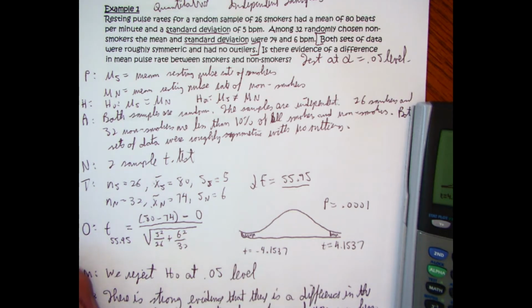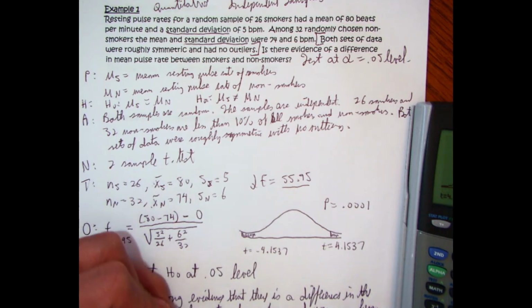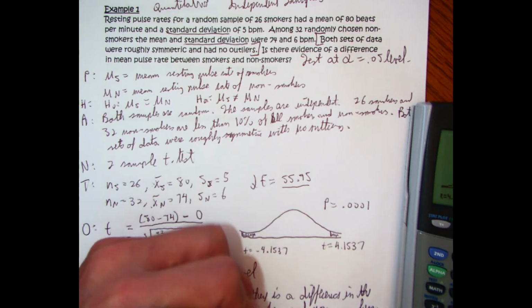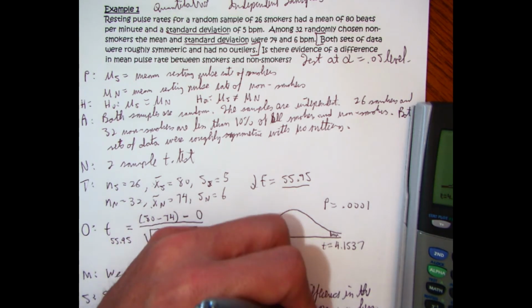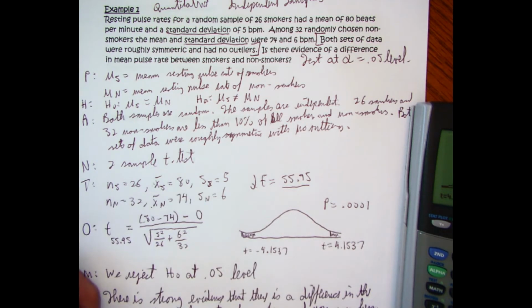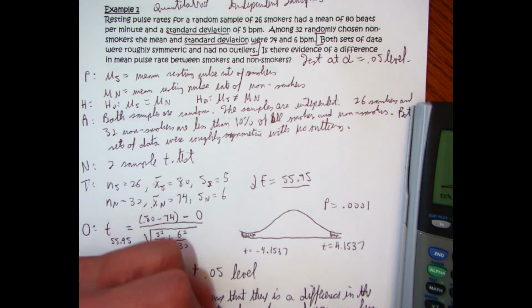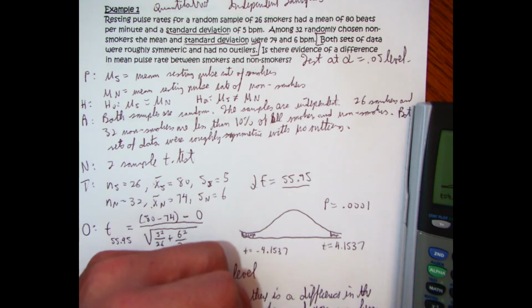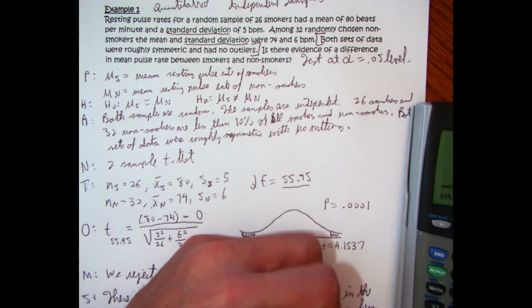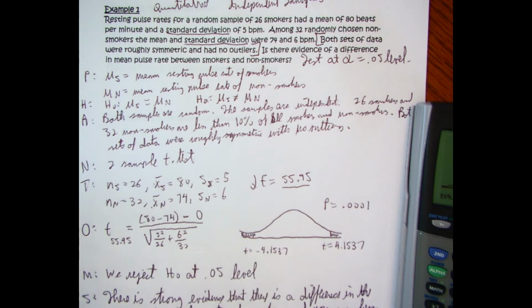So I'm going to write a statement like, it appears that the average resting pulse rate of smokers is higher than the average resting pulse rate of non-smokers. Okay.